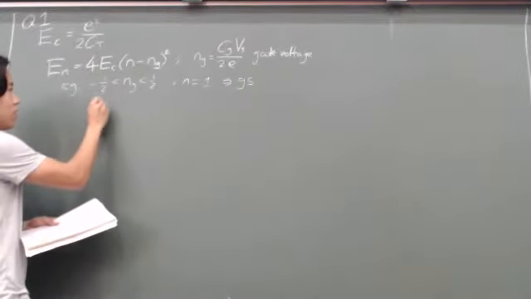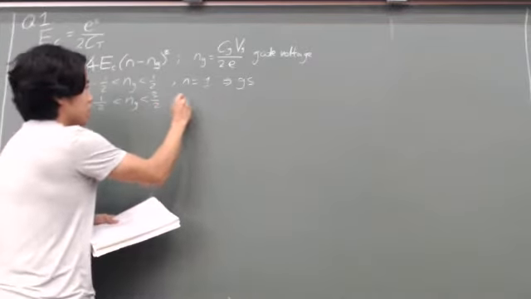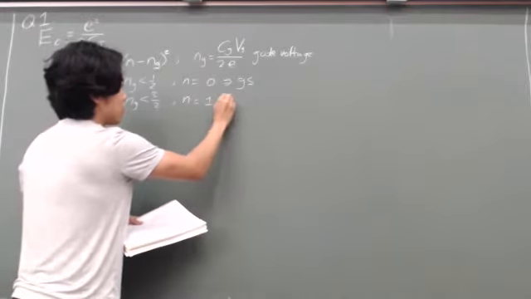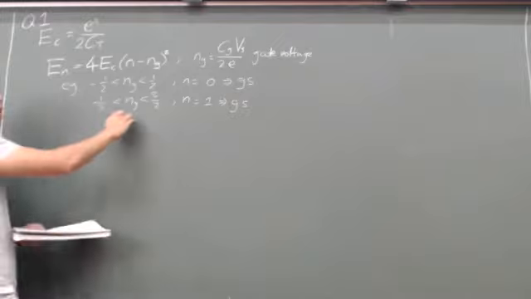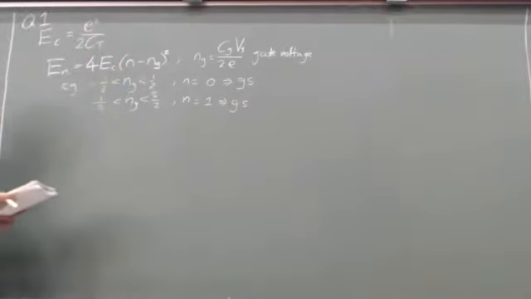Whereas if you're between 0.5 and 3/2, sorry, n equals 0. I don't know why I wrote 1. N equals 1 is the ground state. So as you move to higher gate voltage, your ground state energy increments up as well.